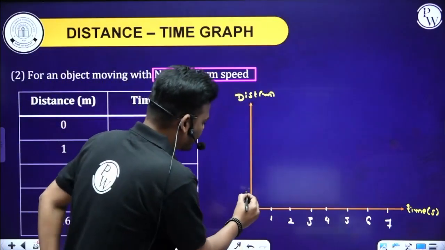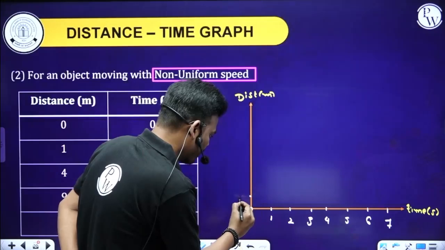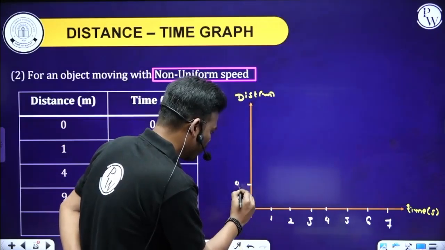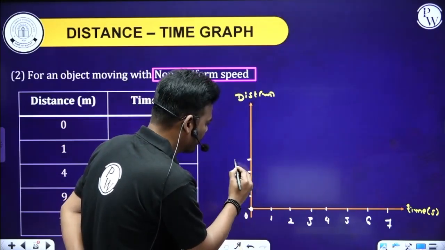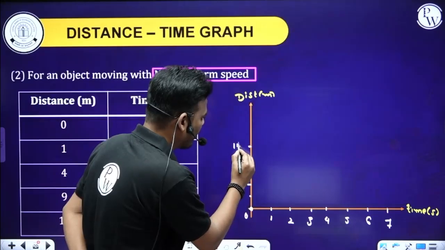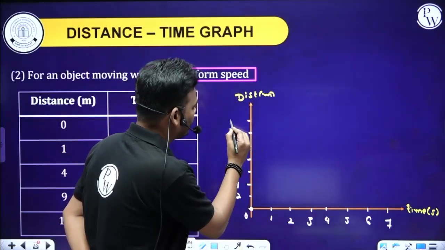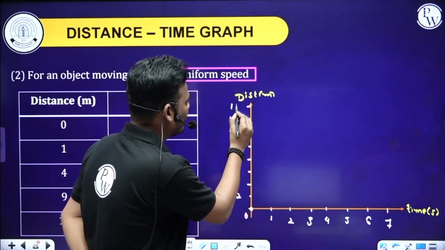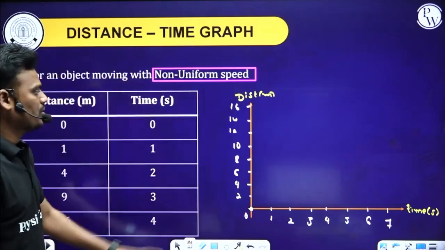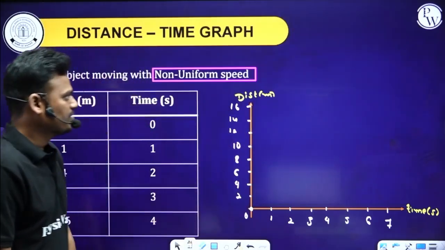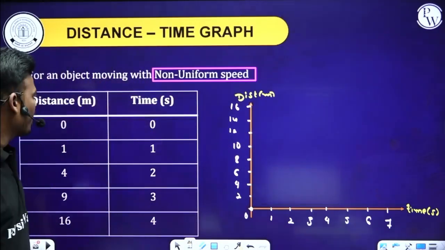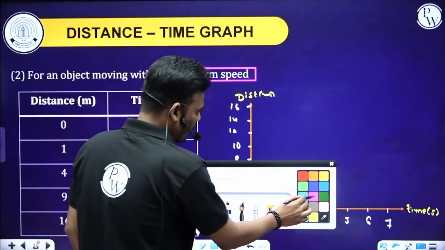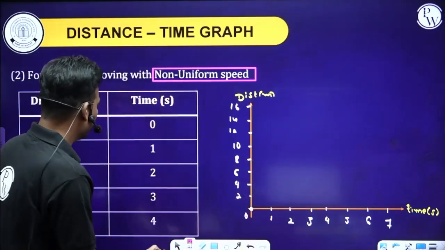So let's consider 2 meters, 4, 6, 8, 10, 12, 14, and the last one 16. These are the distances of the body. Now at 0 seconds, what is the distance?